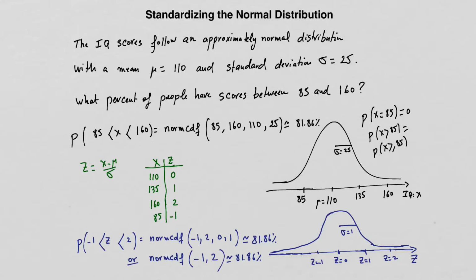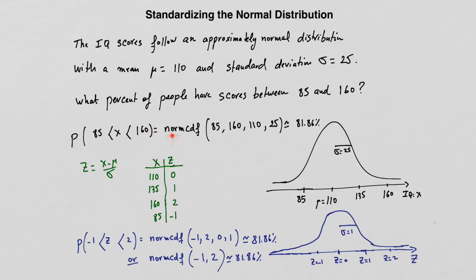So it doesn't matter whether or not you put an equal sign, okay? Put the equal sign, don't put the equal sign, nobody cares. In other words, you're looking for the area between 85 and 160. Now, whether you put dashes here or a solid line, it doesn't matter, okay?